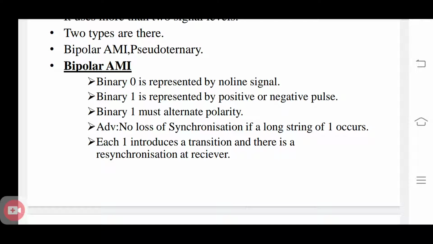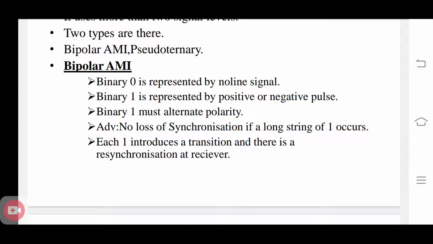What is the significance of this bipolar AMI signal encoding technique? In it, binary 0 is represented by absence of voltage or no line signal. Actually, what is signal encoding?